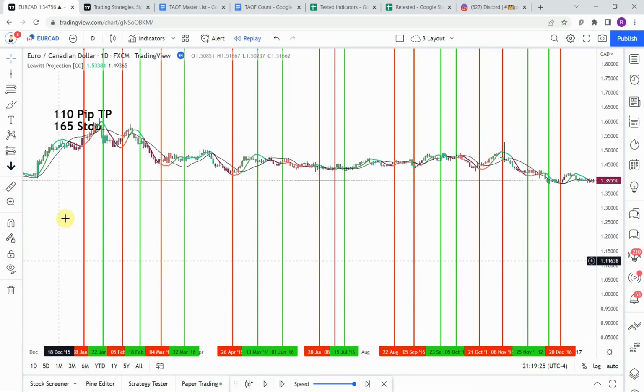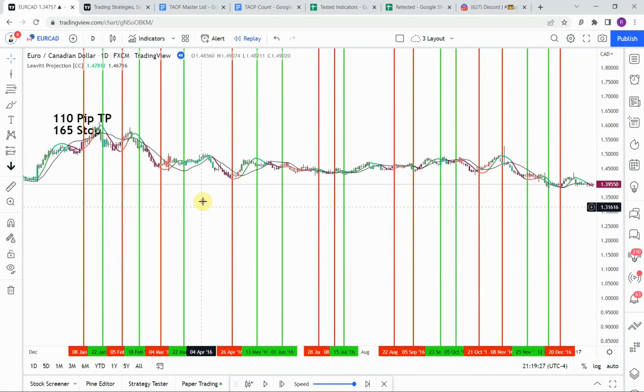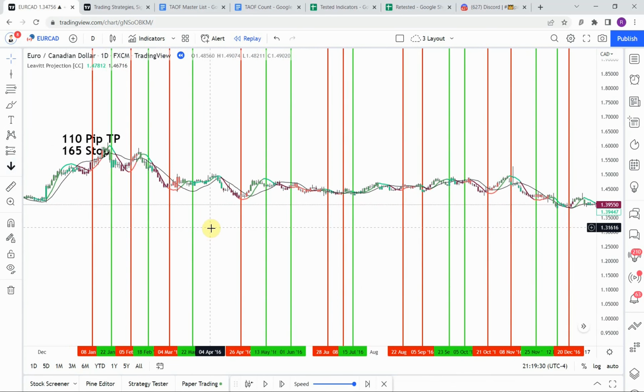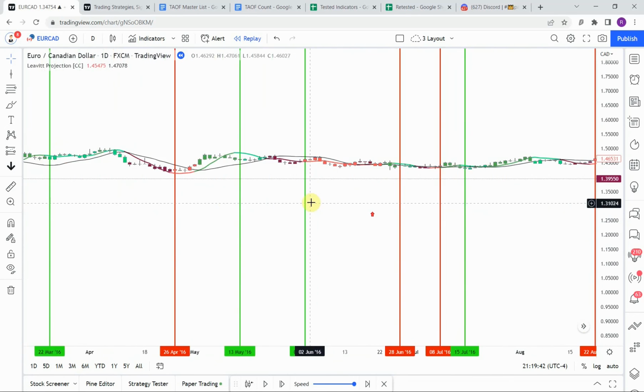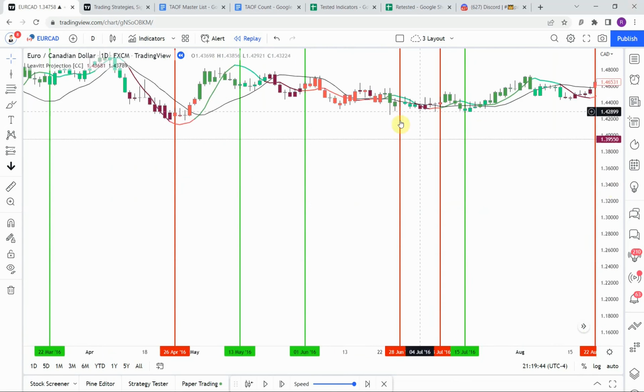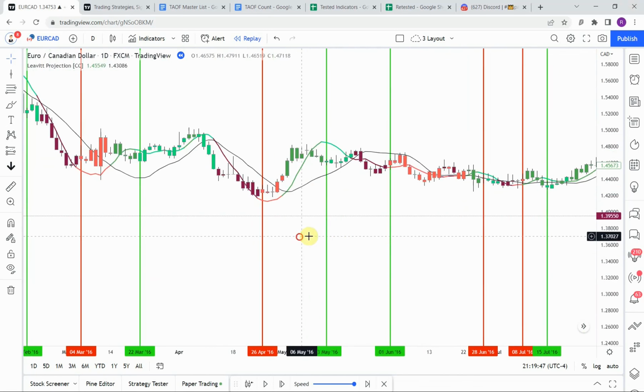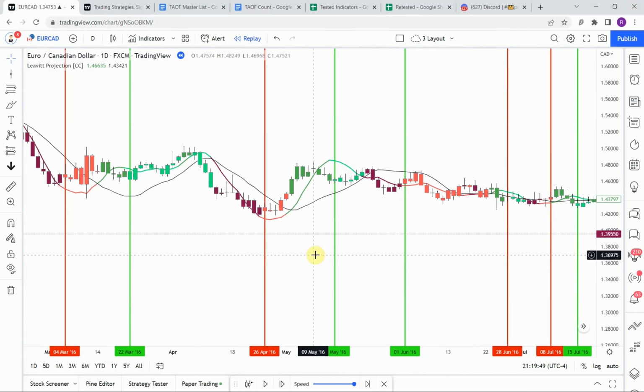This indicator was interesting. It gave a lot of trades within the 1 year's time, but seemed to more often than not be giving us trades where price action was going against what it was saying we should be doing. And this was kind of the original issue I was having when looking at this indicator and playing around with it, is it's kind of hard to tell which color bars we should be taking trades on.